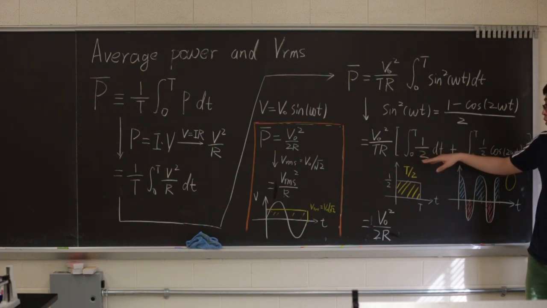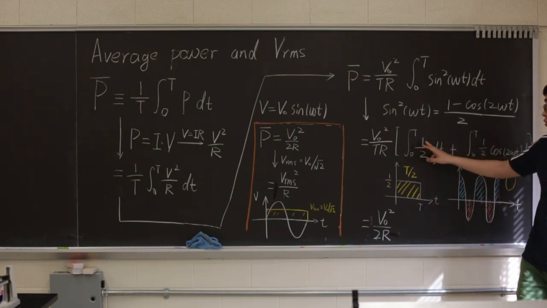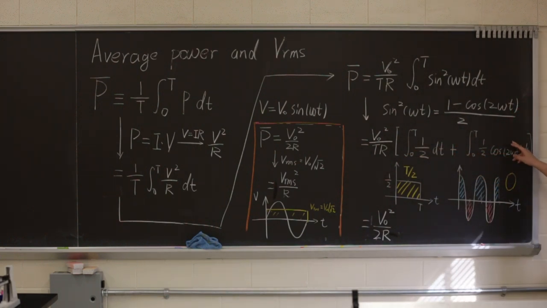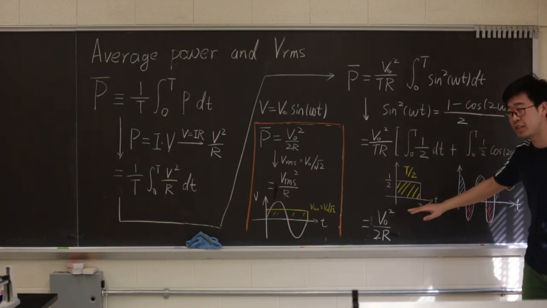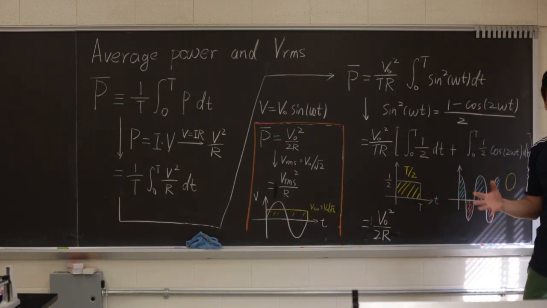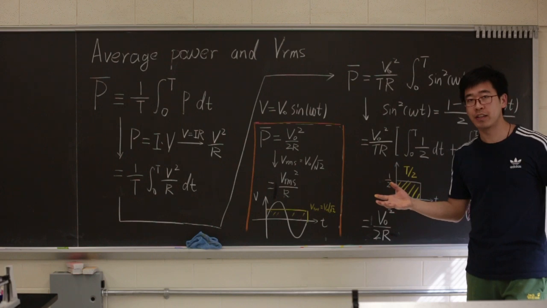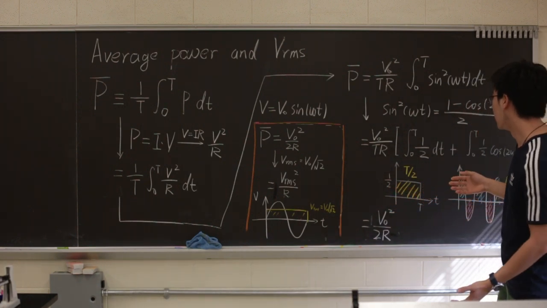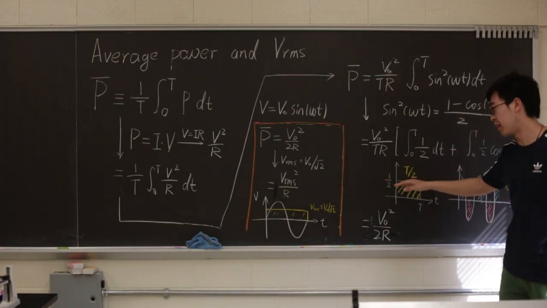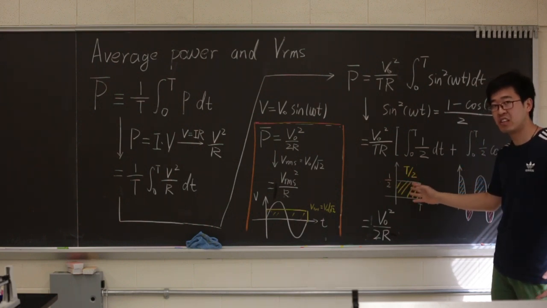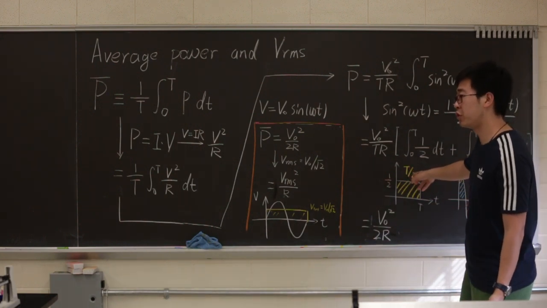Integrate from 0 to T through a constant, and then a half cosine 2 omega t. Remember, the integral is basically calculating the area under the curve. So when we have a curve like this, it's a square, so it's T over 2.